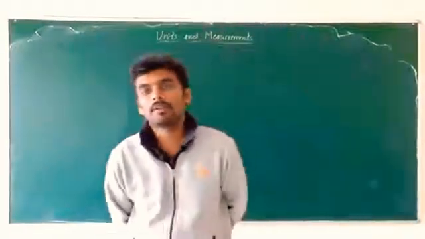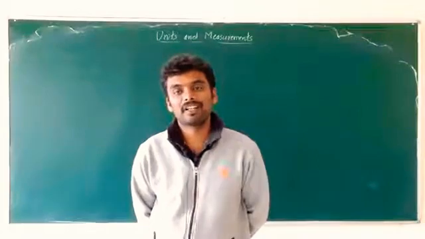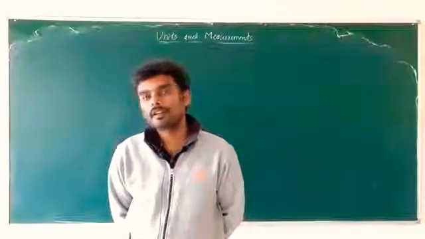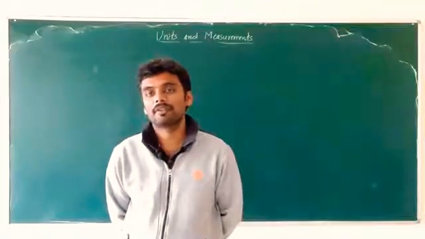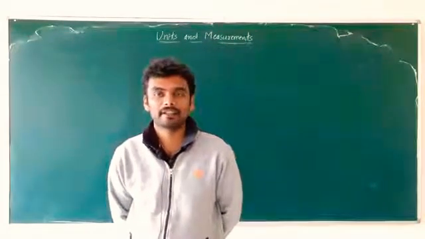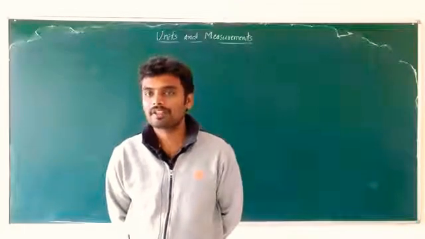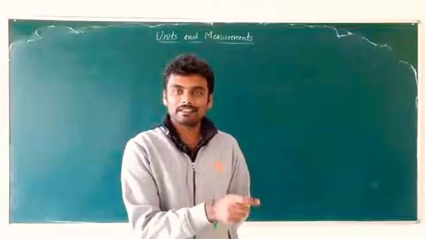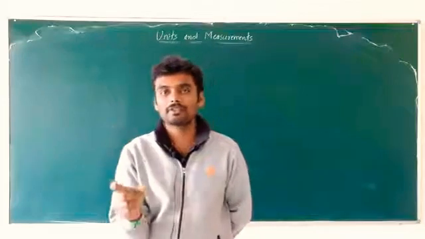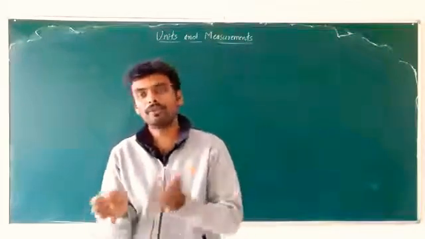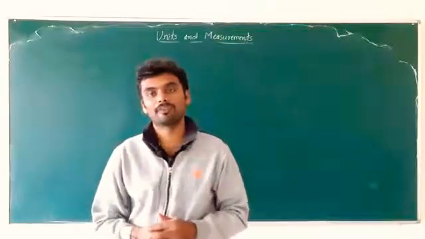So this is about the different ways of expressing errors in a direct measurement. We measure it directly and get the error. But many a times, after getting certain readings, we are supposed to apply those values into mathematical operations.